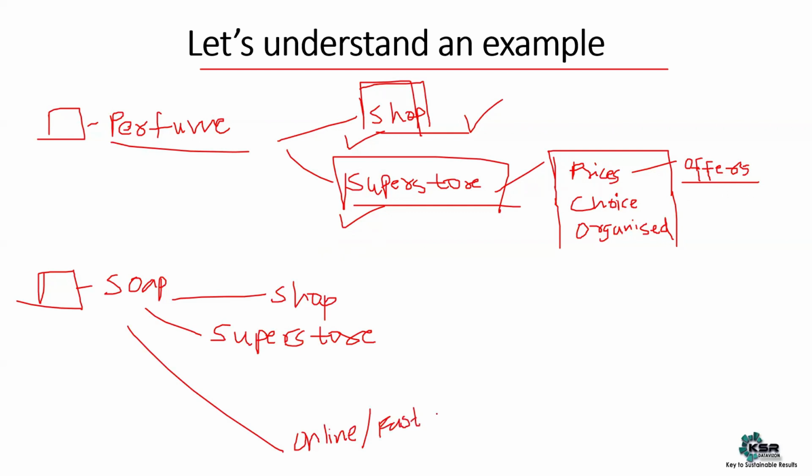What do you mean by fast delivery? Like Zepto, Blinkit, Flipkart or Amazon, Swiggy Instamart, 10 minutes delivery. There are many applications and services available.